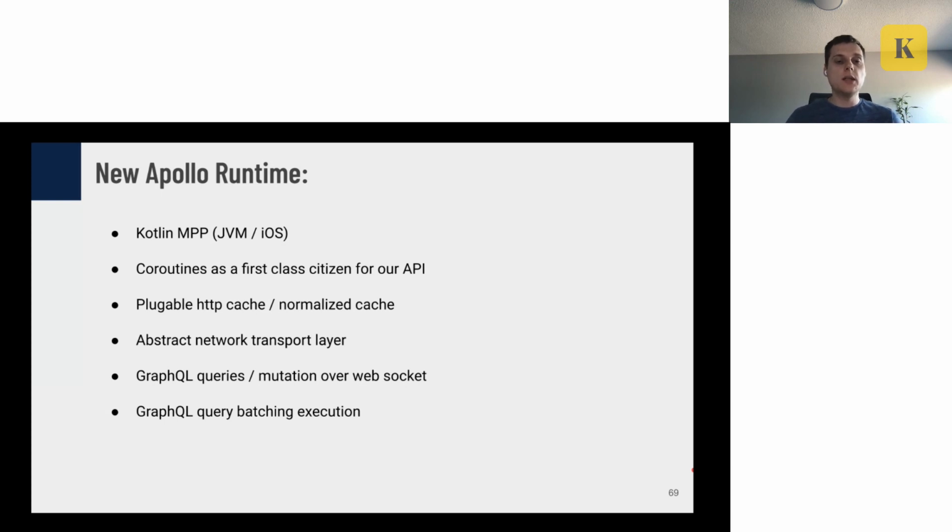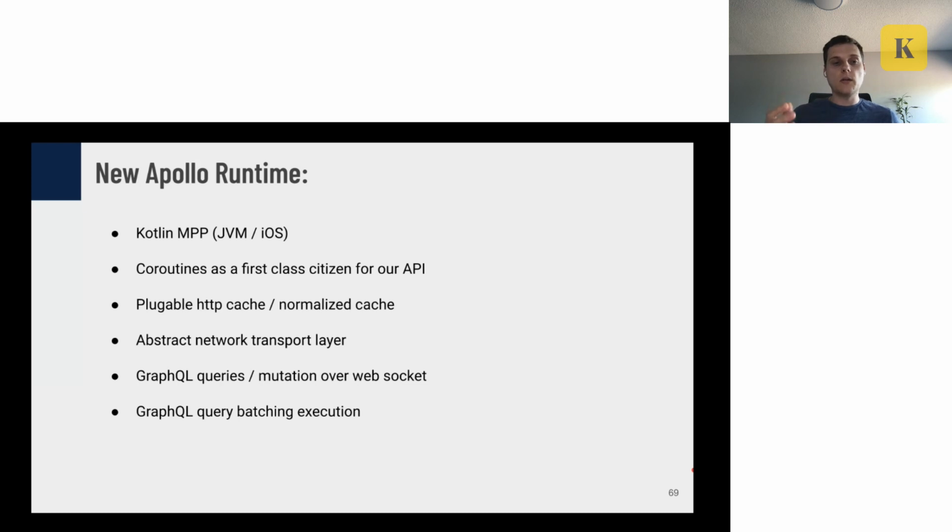Obviously, we need to abstract the network transport layer because it's platform specific, and we need to put the proper abstraction for that. Kotlin Native restricts that, and it's good, because the restrictions that come with Kotlin Native actually lead to a correct design of the library, a more proper way of designing the application.